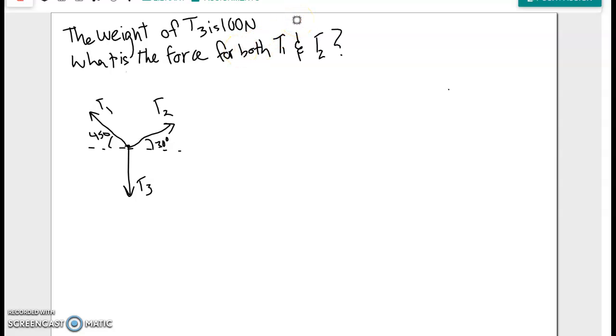So this is the first sample problem that we're doing, and then we'd apply Newton's first law to it after.